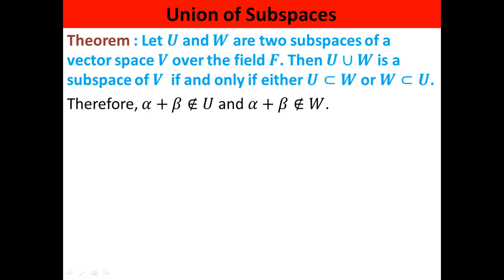Therefore alpha plus beta does not belong to U, as well as alpha plus beta does not belong to W, therefore alpha plus beta does not belong to U union W.